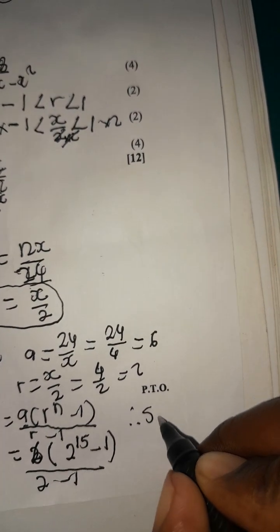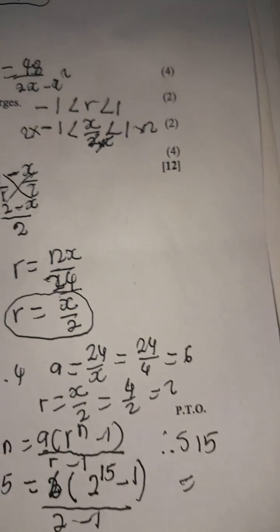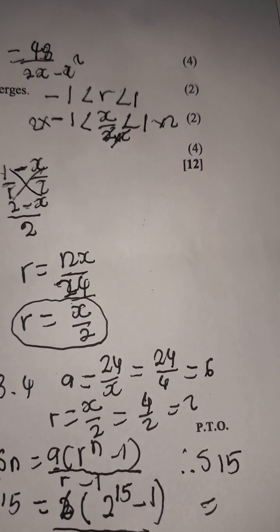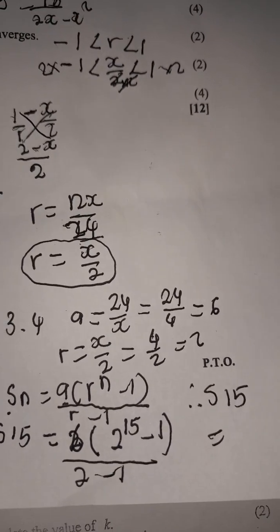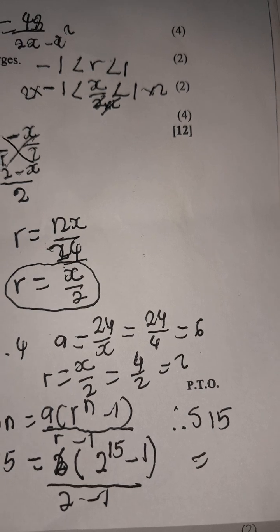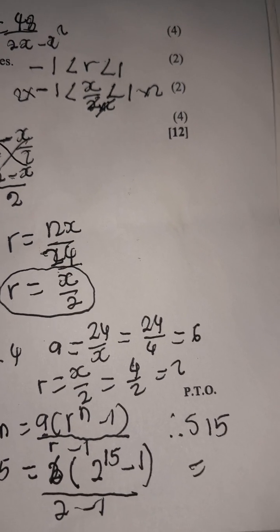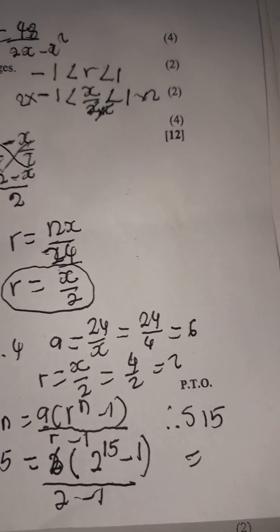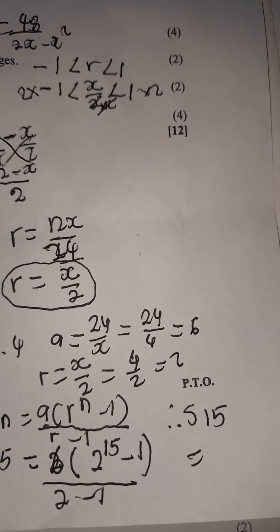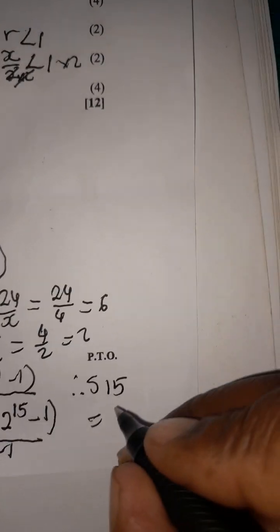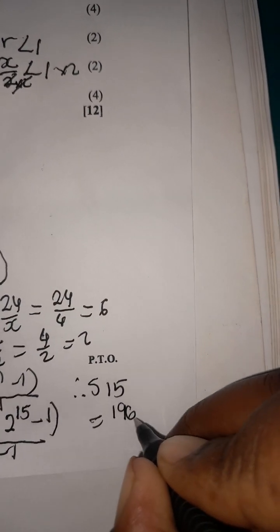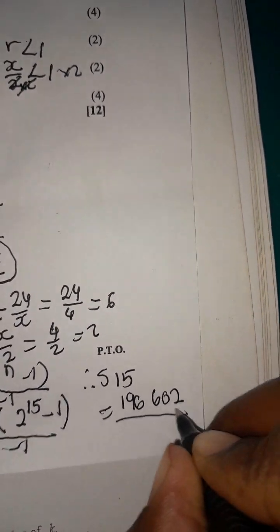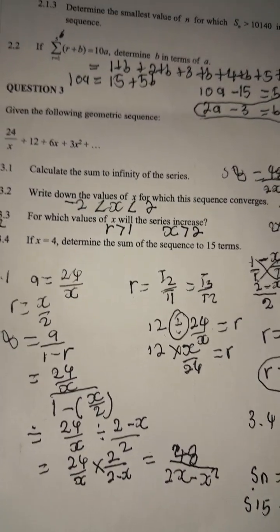Let's punch in our calculator. 6, open the bracket, 2 to the power of 15 minus 1, divided by 2 minus 1, that gives us 196 602. So the sum to 15 terms is 196 602.